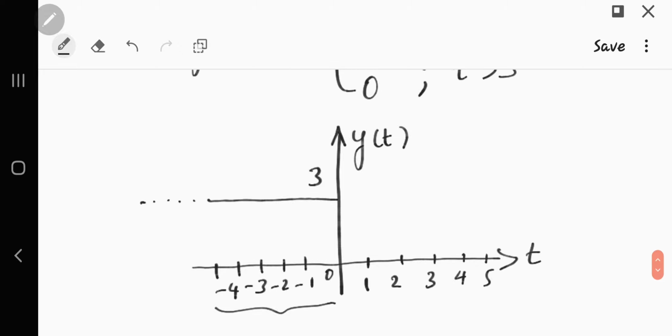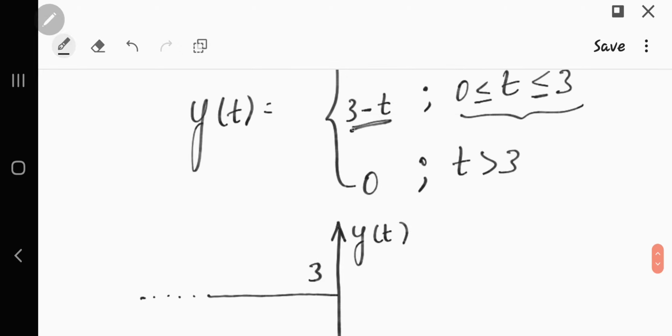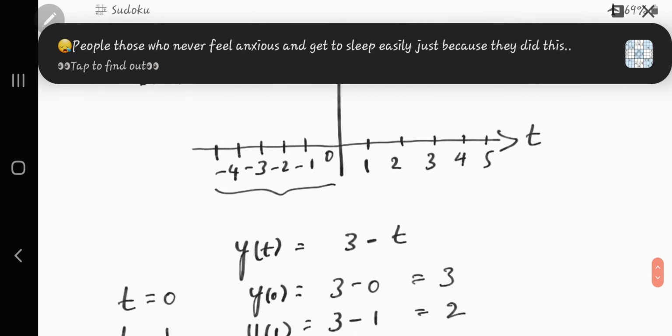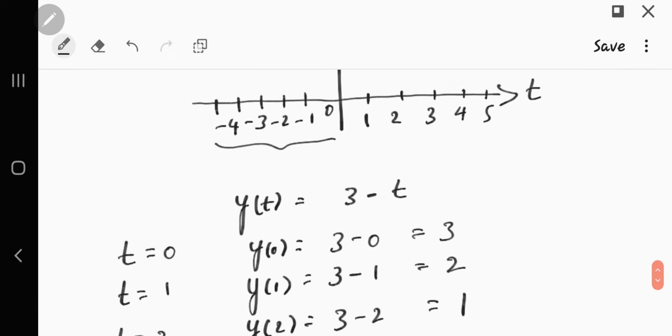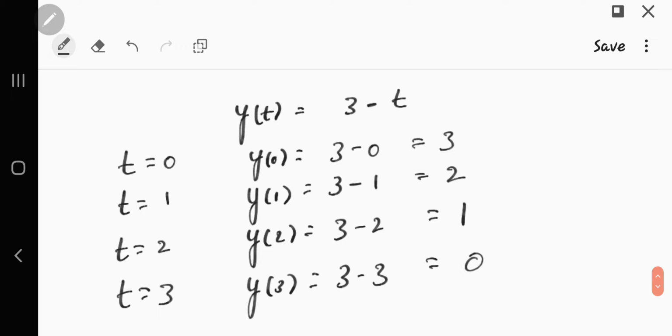So for this particular duration, 3 minus t with t varying from 0 to 3, I have calculated the values for t equal to 0, 1, 2, 3. This is what I found: y of 0 is 3, y of 1 is 2, y of 2 is 1, and y of 3 is 0.